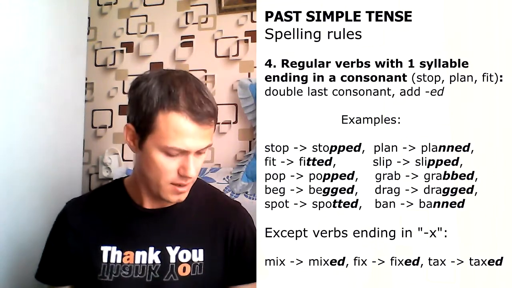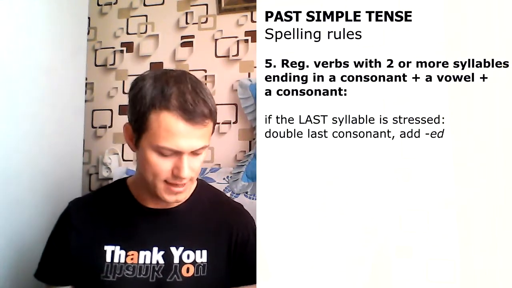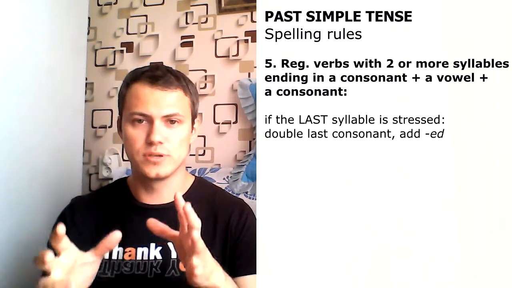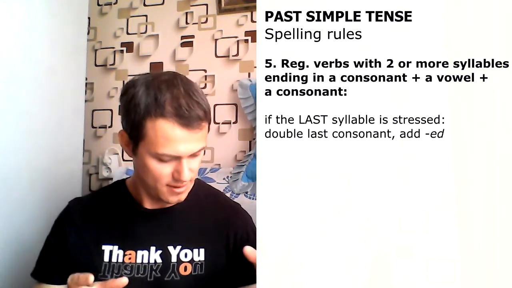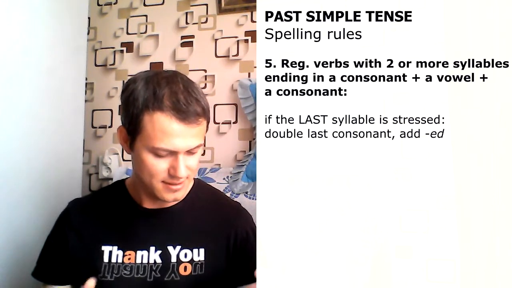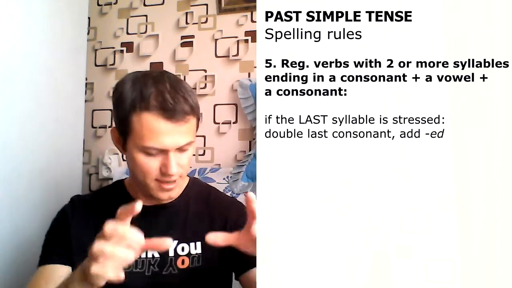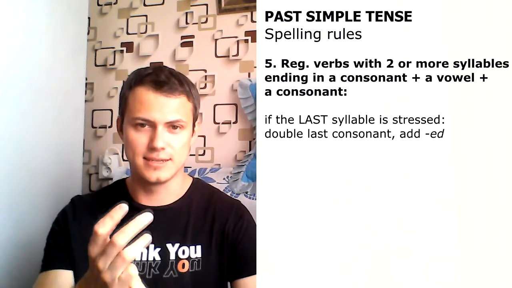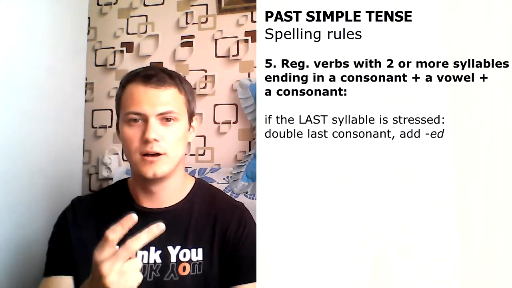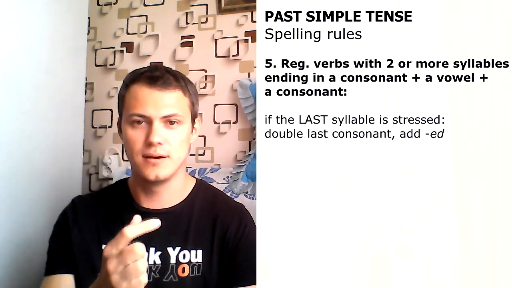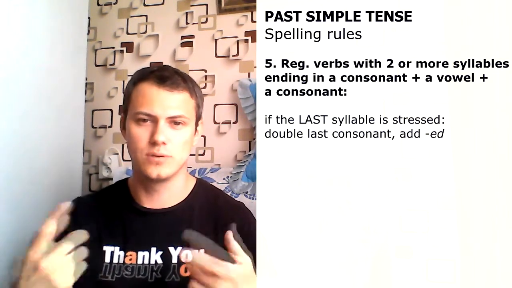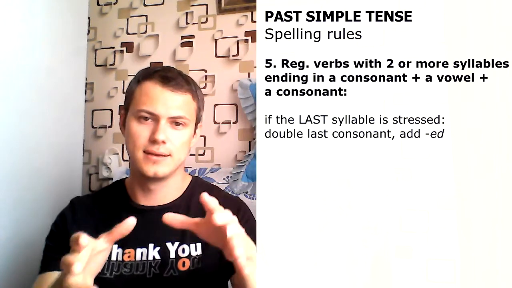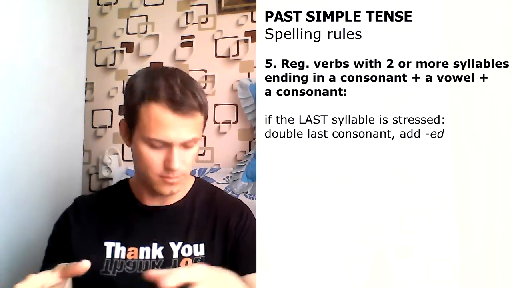And another rule, guys. Regular verbs with two or more syllables ending in consonant plus vowel plus another consonant. Please pay attention, the verb, I say it one more time, has two or more syllables.